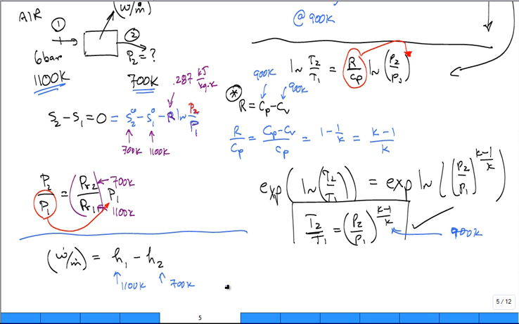You just evaluate the H's. Or you could use C sub P times T1 minus T2, could you not? And this C sub P you should evaluate at 900 Kelvin, the average temperature. True? Very good. Ready to press forward?